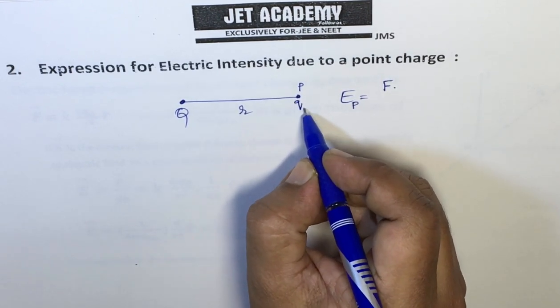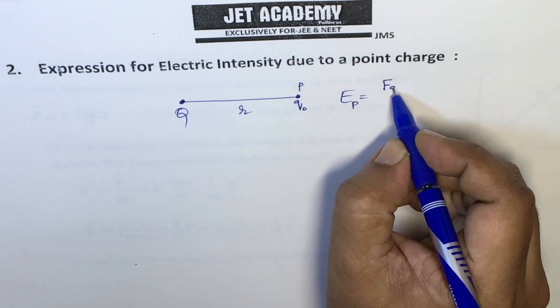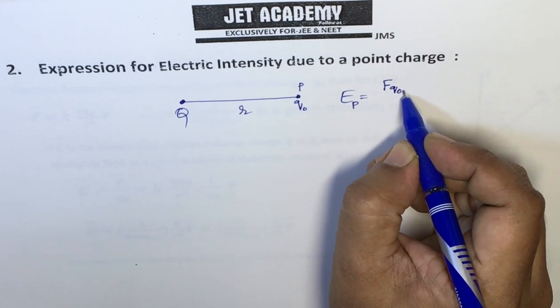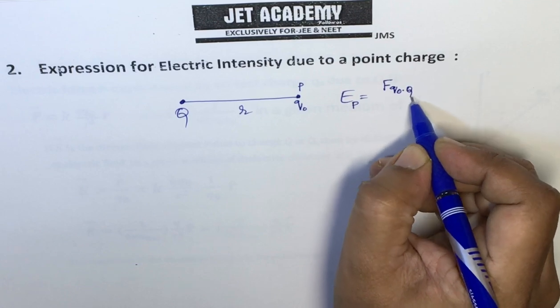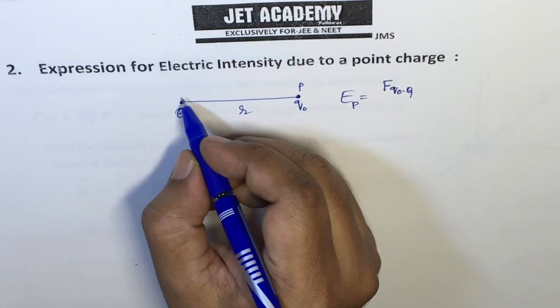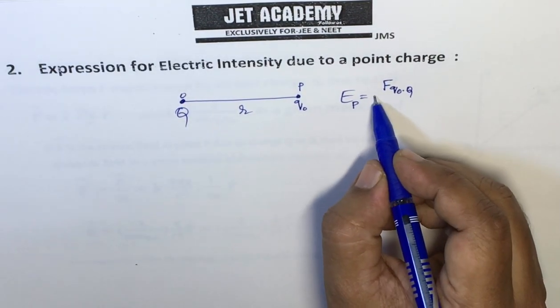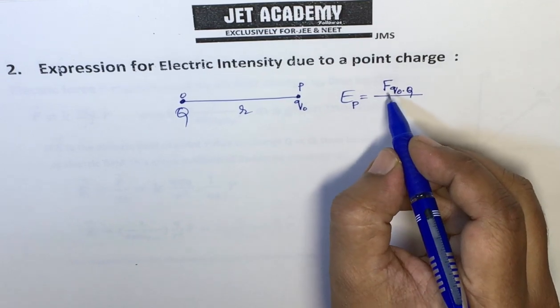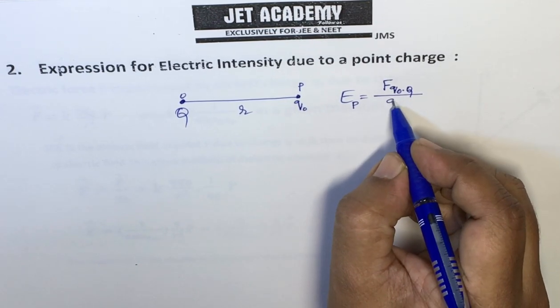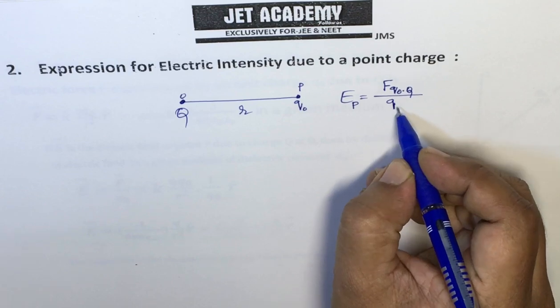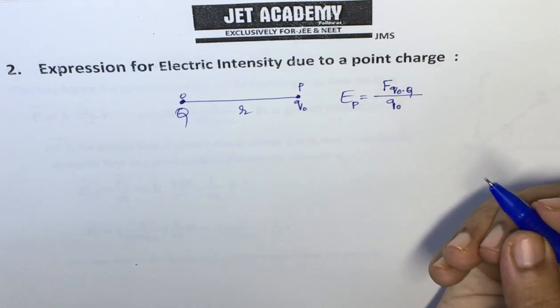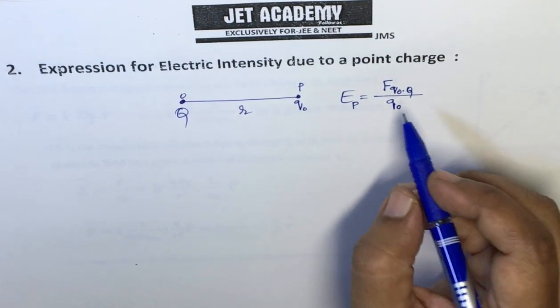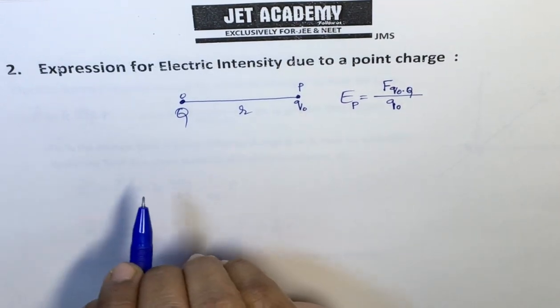I have to keep a test charge Q naught. Then the Coulombic force experienced by Q naught due to the source charge Q, which is placed at O, divided by Q naught, is the Coulombic force experienced per unit charge. This is the general expression we know.